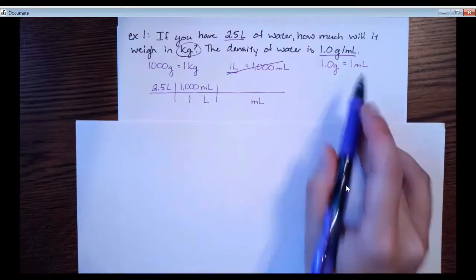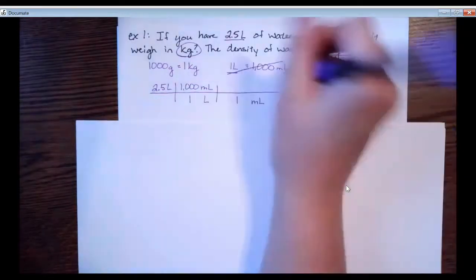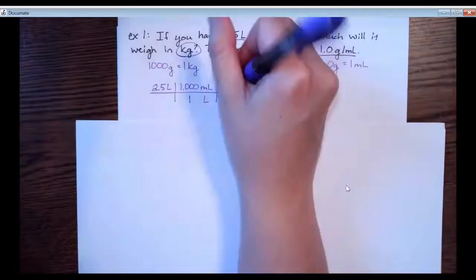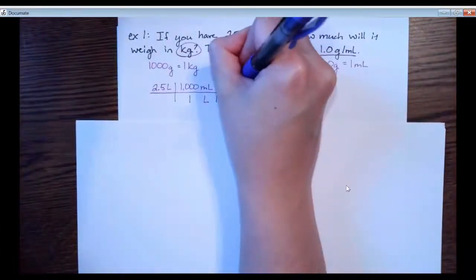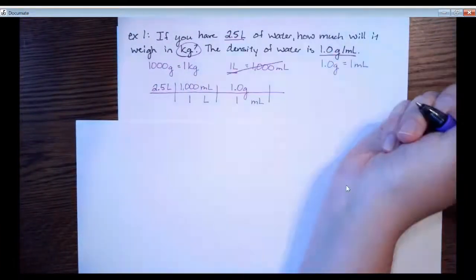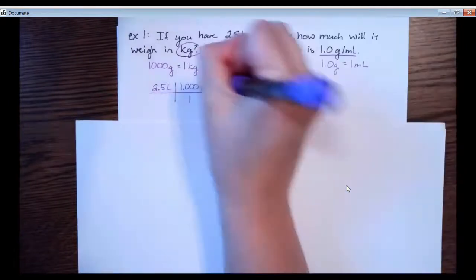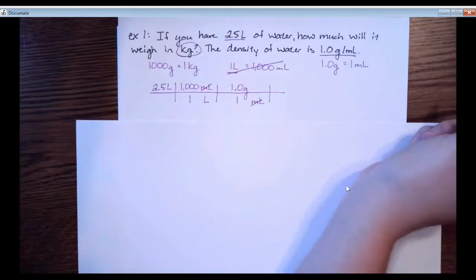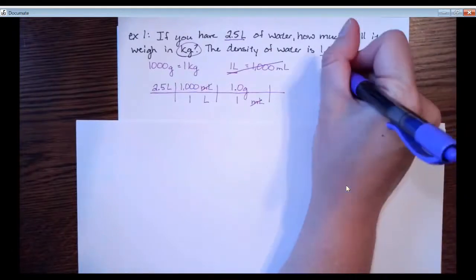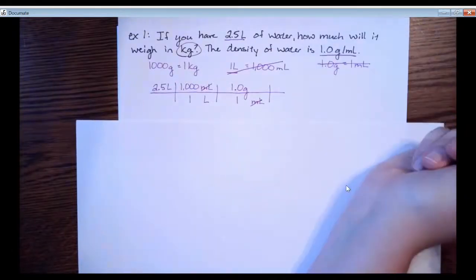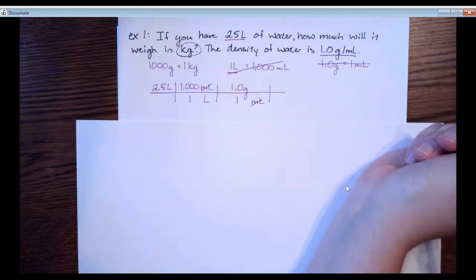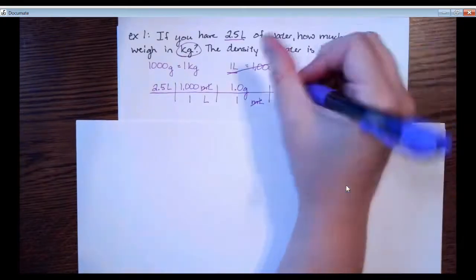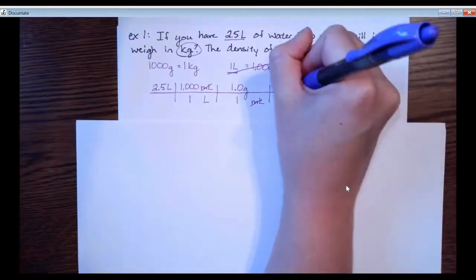So 1 milliliter goes on the bottom, and on top of that stack is going to go the other part of my conversion factor, so 1.0 grams. And again, I need my units to cancel. That's why I know I have milliliters on the bottom. And because I only have that one conversion factor that has milliliters in it left, that's the one I'm going to use in that second stack. Okay, just keep on going. If I have grams up top, I need grams on the bottom.